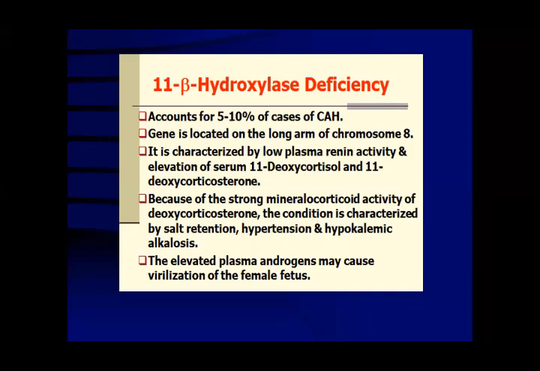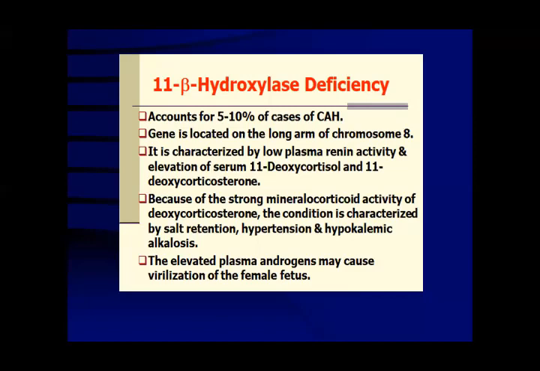In this case, the gene is located on the long arm of chromosome 8, and this is characterized by low plasma renin activity and elevation of serum 11 deoxycortisol and 11 deoxycorticosterone. Because of the strong mineralocorticoid activity of the deoxycorticosterone, the condition is characterized by salt retention, hypertension, hypokalemia, and virilization.